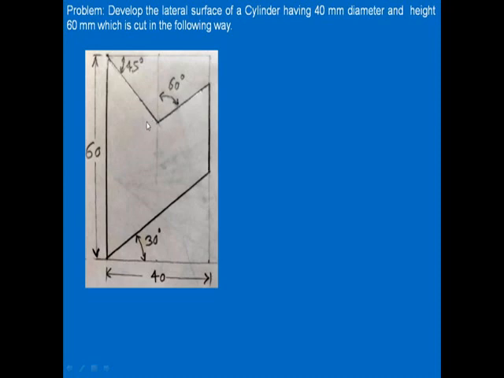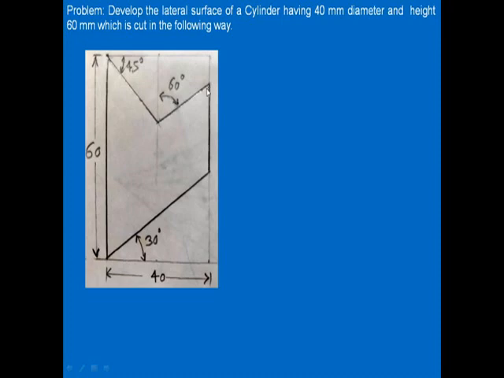The third cutting plane is this. So this line, which is at an angle of 60 degrees to the axis or 30 degrees to XY line, is the third cutting plane starting from the point of intersection of the second cutting plane with the axis, that is this point, and ending here at one of the generators on the right side.